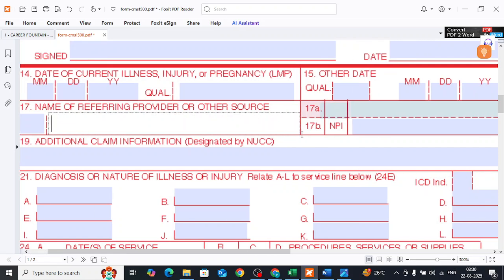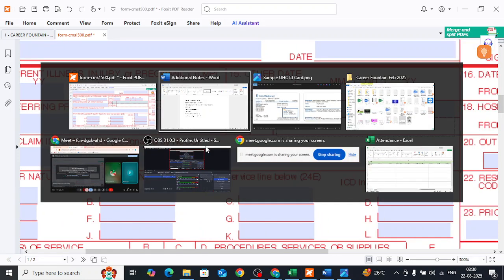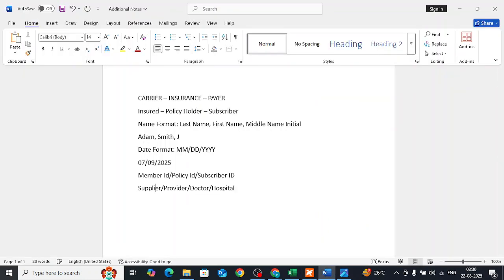Box number 17B is having NPI. NPI means National Provider Identification Number.